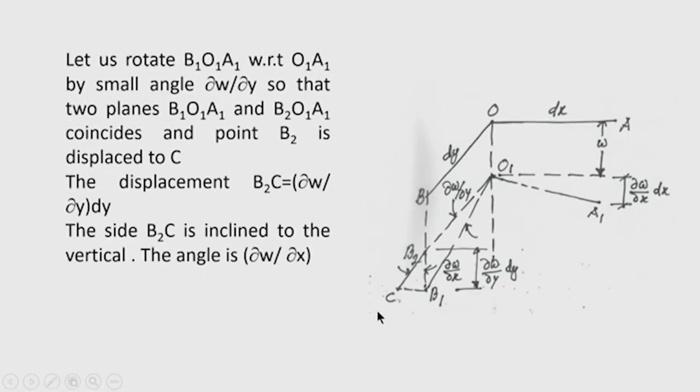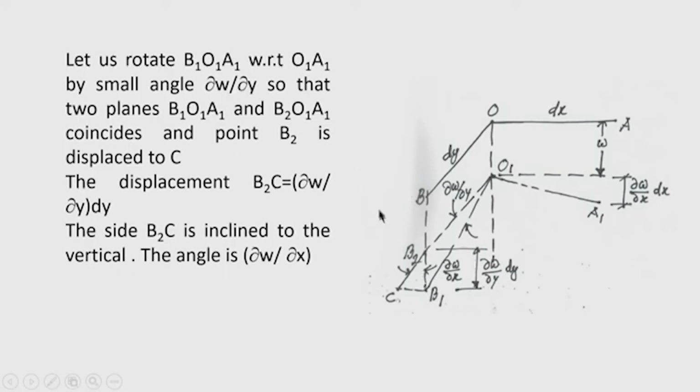Let us rotate this plane B1 O1 A1, which is formed after the deformation, with respect to O1 A1. That means, taking this as the reference line, we rotate this plane by a small angle del w by del y.